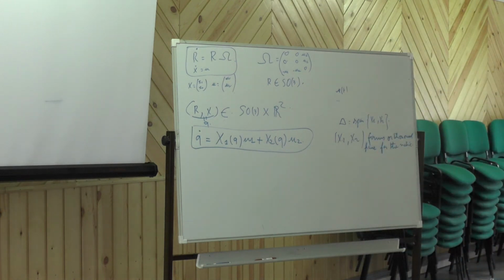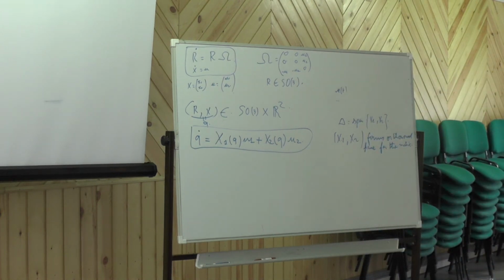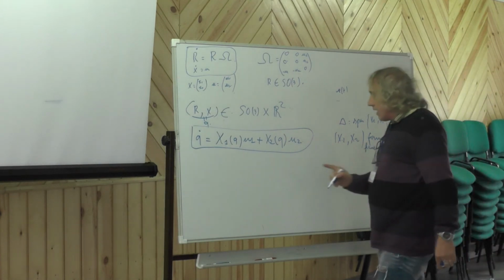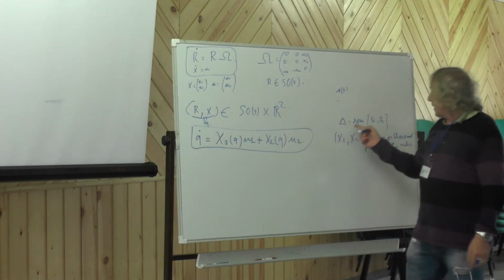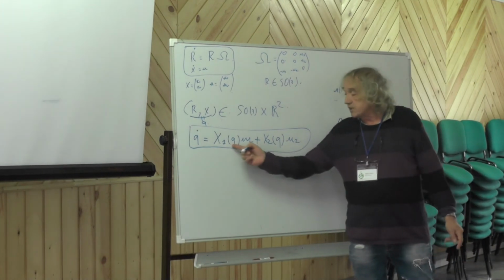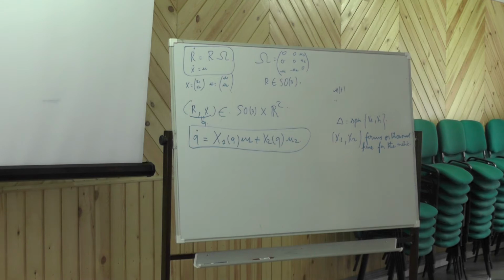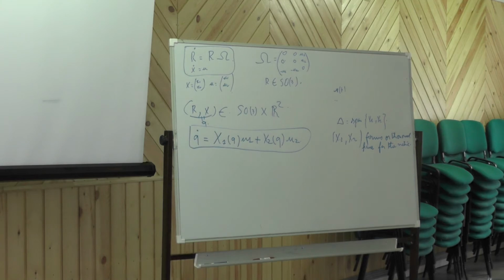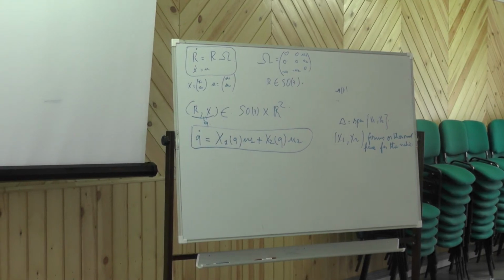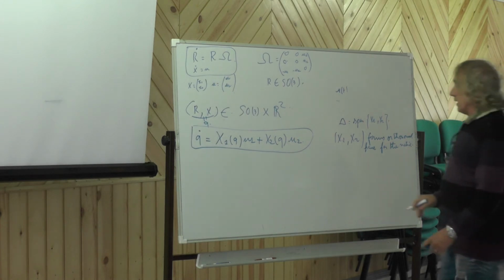And so it defines at the same time the distribution, which is the vector space generated by the vector fields x1, x2, and it defines a metric by the fact that I require that x1, x2 are an orthonormal frame for the metric.